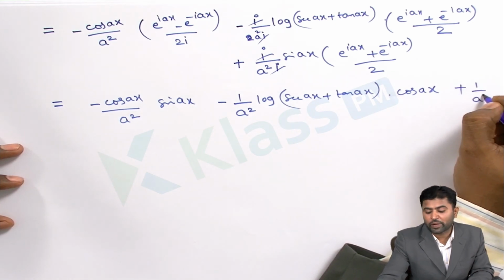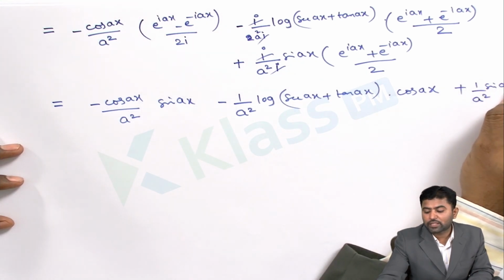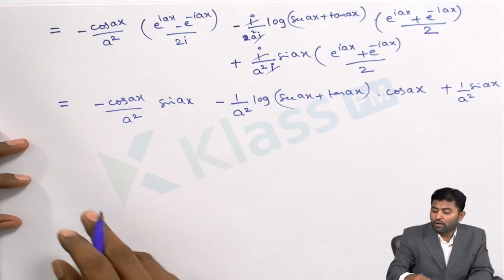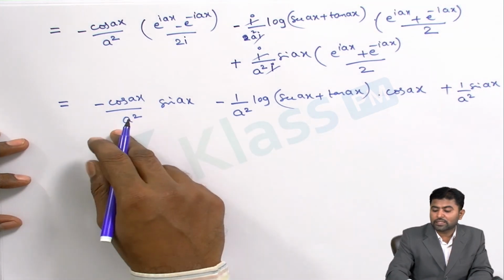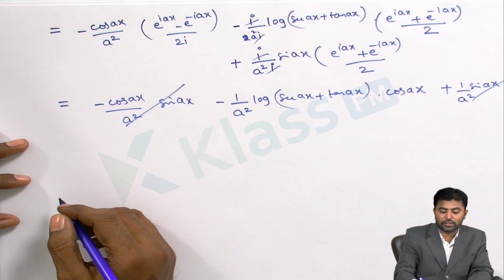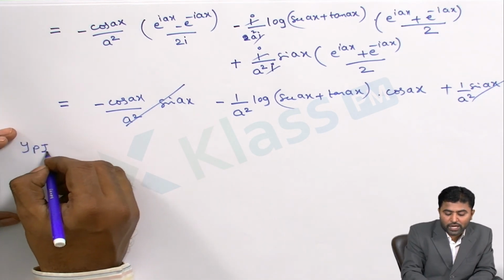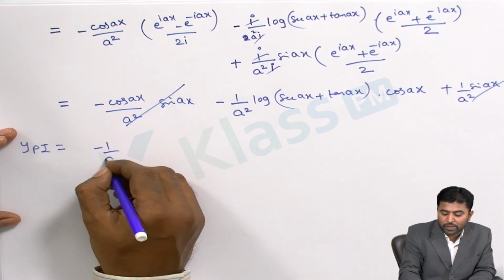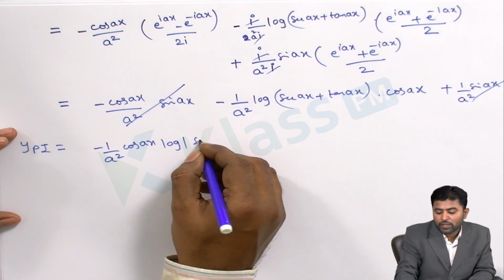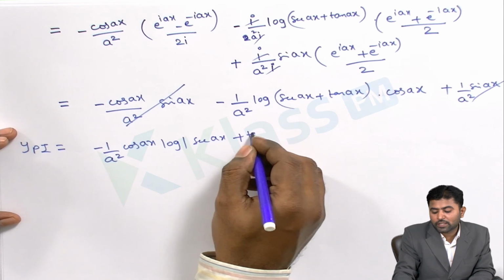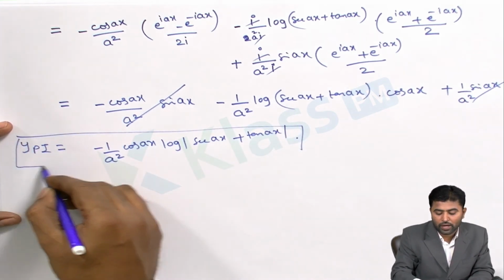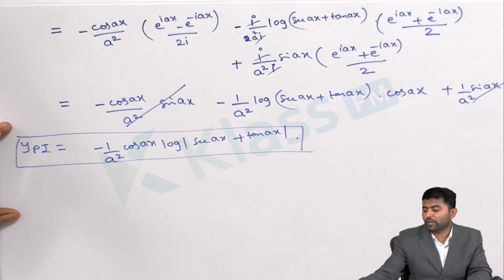So we get 1 by a square sin ax into cos ax. If you observe, the first term and the last term are the same with minus sign and plus sign, so they get cancelled. Therefore we get ypi is equal to minus 1 by a square cos ax into log mod secant ax plus tan ax. This is ypi.